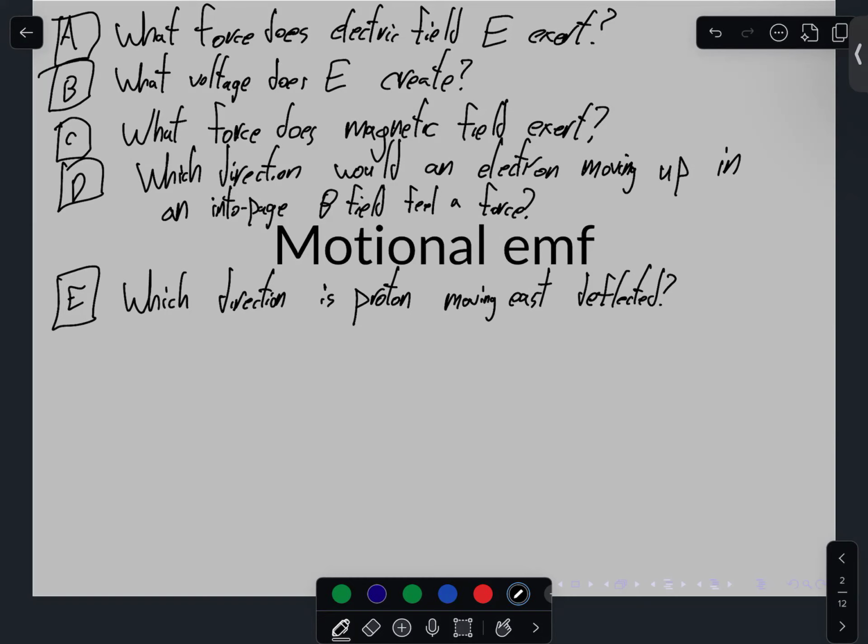And time's up. All right, I am very pleased about A and B. I think more of you got A right than you did on the midterm, even though we haven't been using this bunch. The electric force formula is Q times E. Write this down.